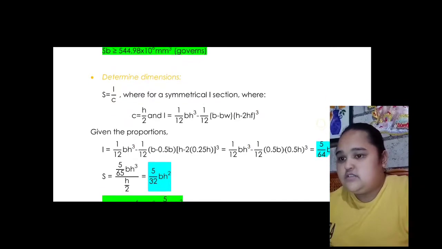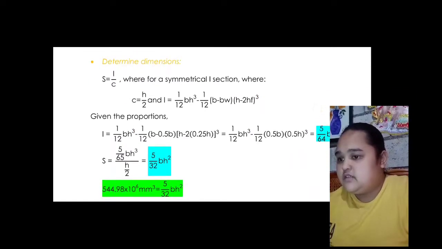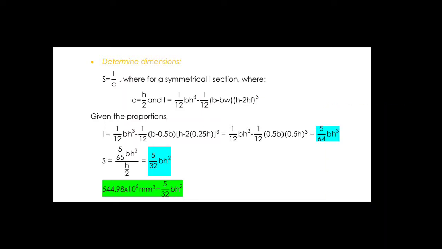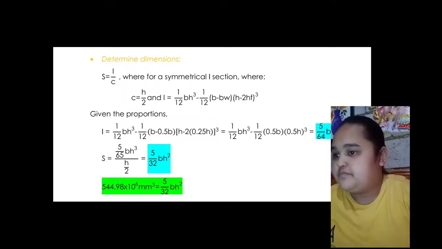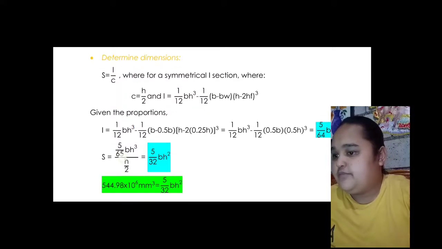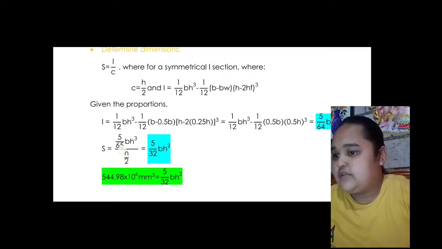Substitute the values and, given the proportion, we will get 544.98 times 10 raised to 6 millimeter cube equal to 5 over 32 BH squared.